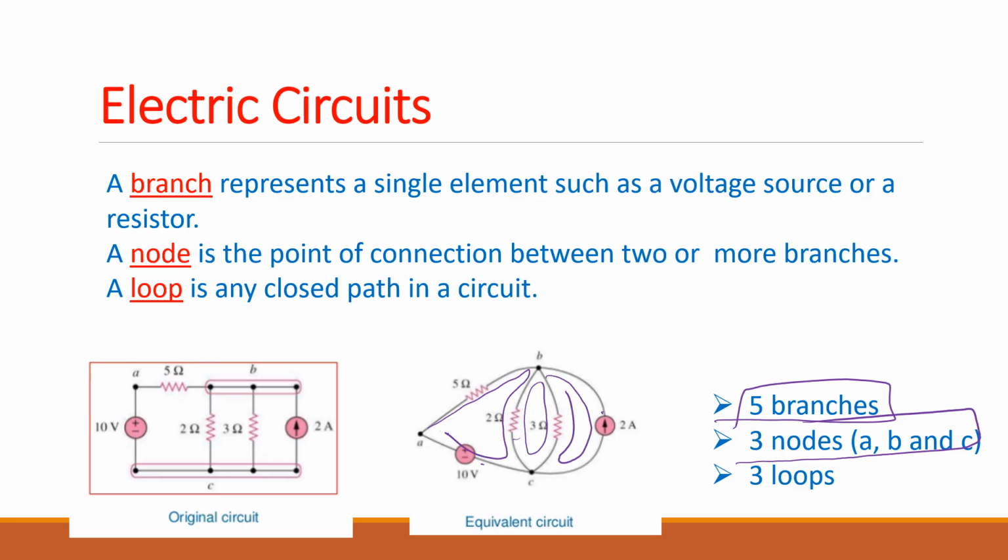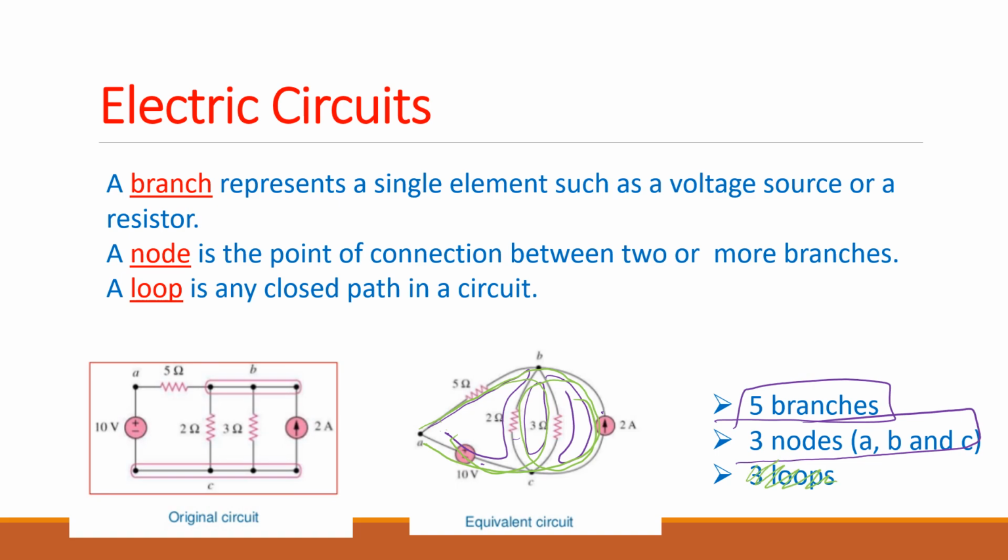And also we can consider this also as a loop. This is a loop, and this is a loop, and this is a loop. So they are also loops. So we have more than 3 loops here.